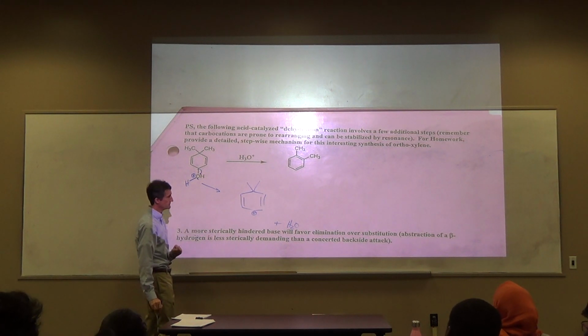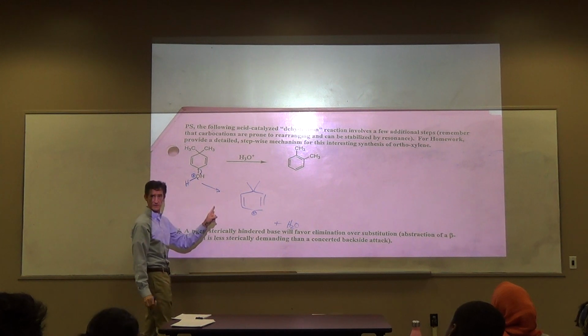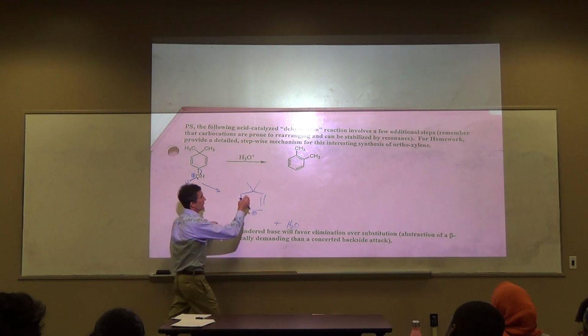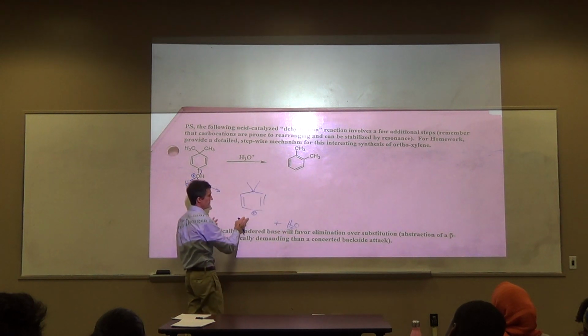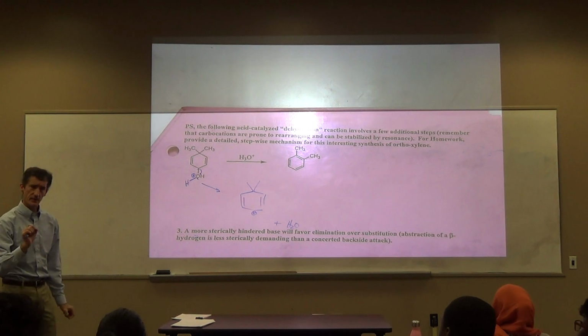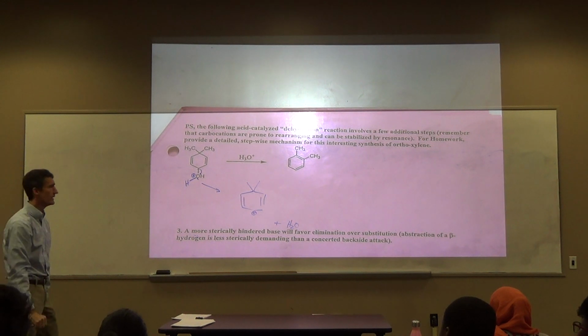What's next? Resonance stabilized. We've got to get another methyl over here. If you can do resonance, I would recommend always doing that in a mechanism, because doing a resonance structure can really change your molecule and make you see, oh, now I see it.